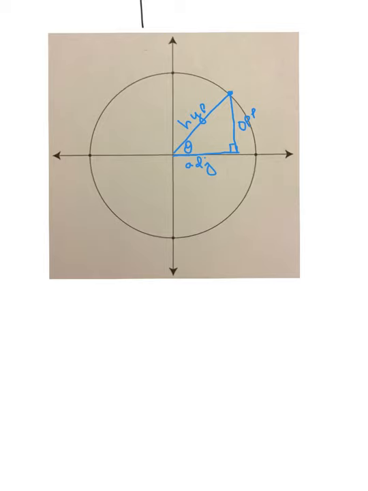So think about what we said about sine. We said that the sine of theta equals opposite over hypotenuse. If we are looking at this triangle that is within this circle, the opposite side is the same thing as the y amount on the vertical axis. So the opposite equals y.